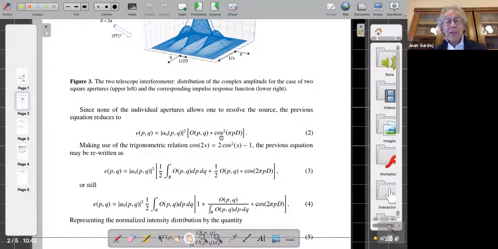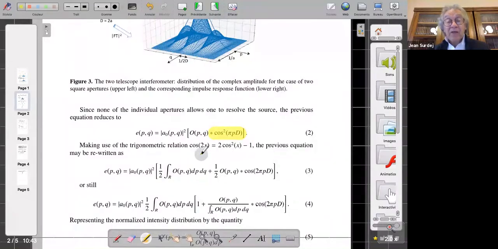Now we make use of the trigonometric relation according to which the cosine of 2x is equal to twice the cos square of x minus 1. We replace this cos square term by means of this relation.